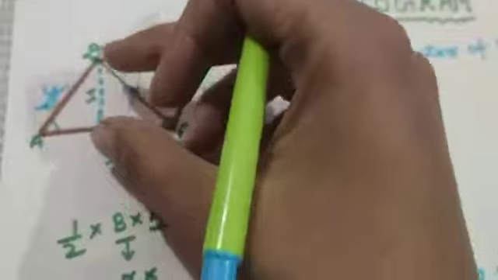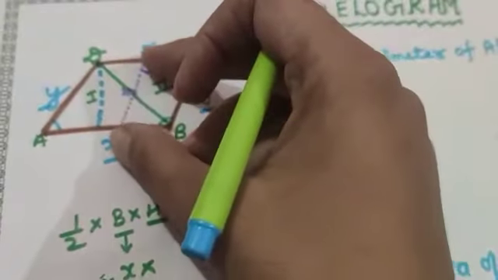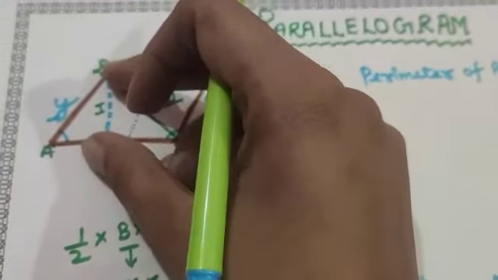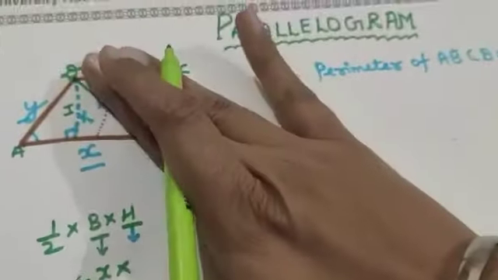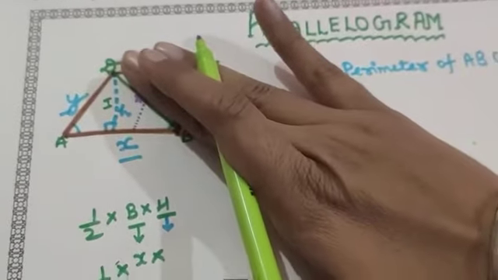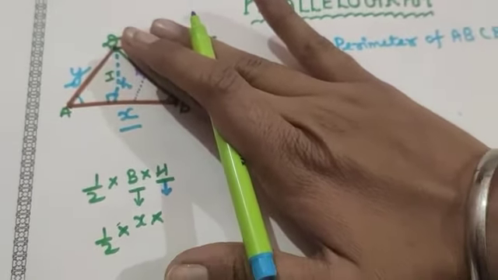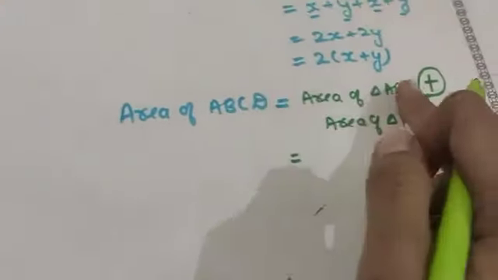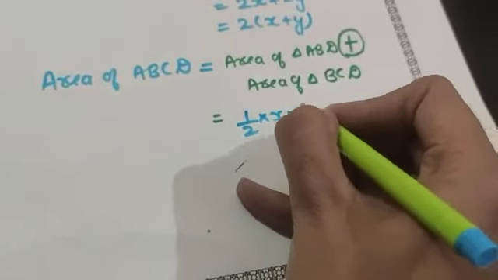This is also the distance between the two parallel sides. So if it is h, then it is also h. So in triangle ABD, base is x, height is h, and its area will be half into x into h.